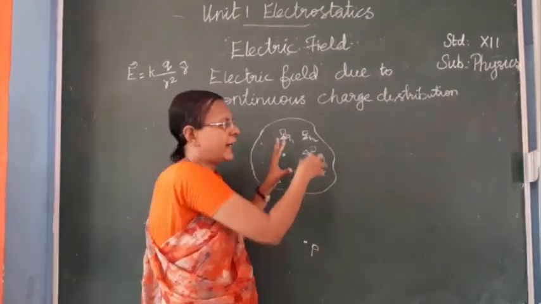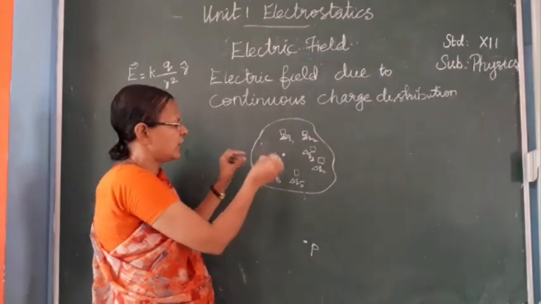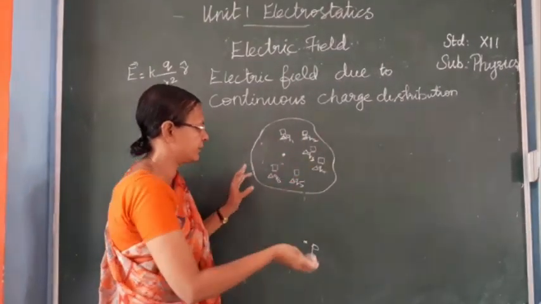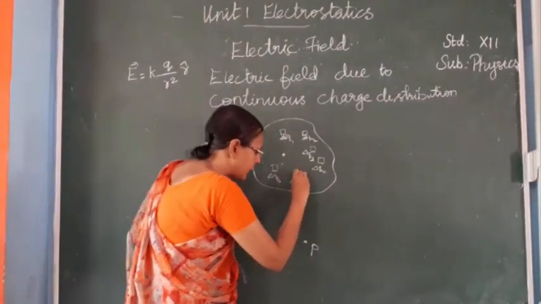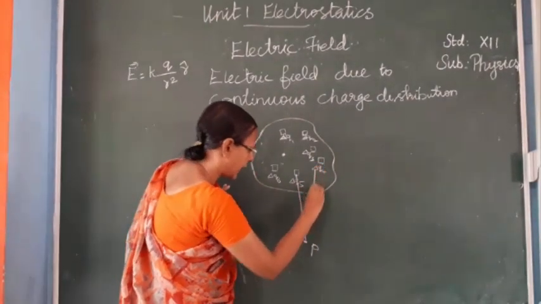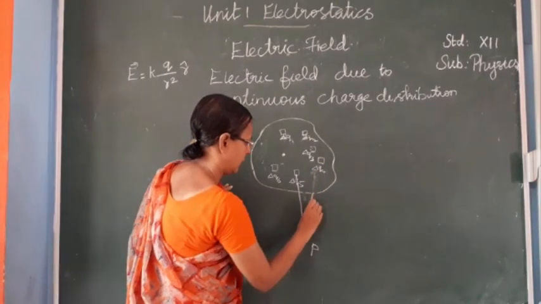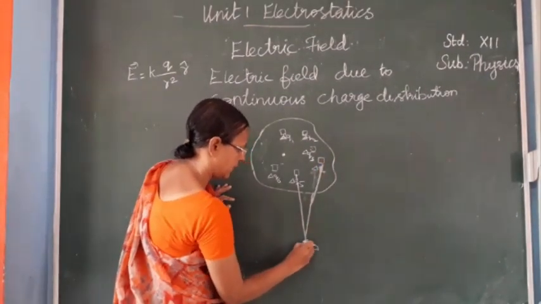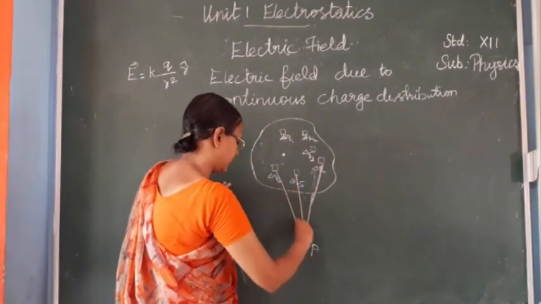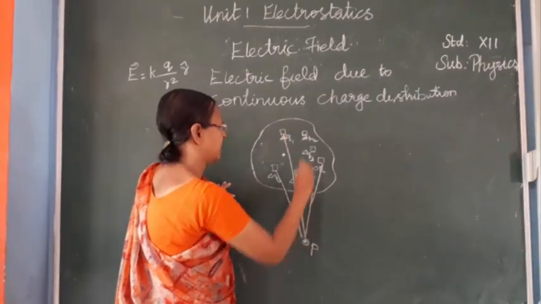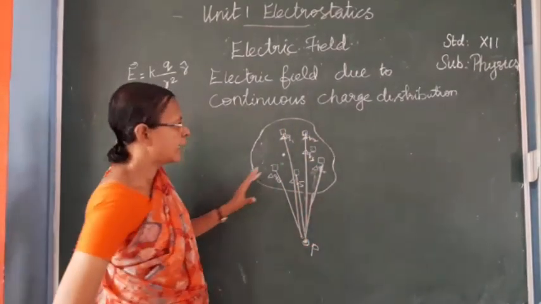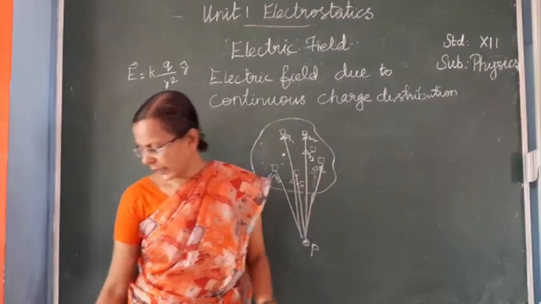We divide this system of charge into small charges, and we want to know what every small charge is contributing at point P. That is what we have to learn now.